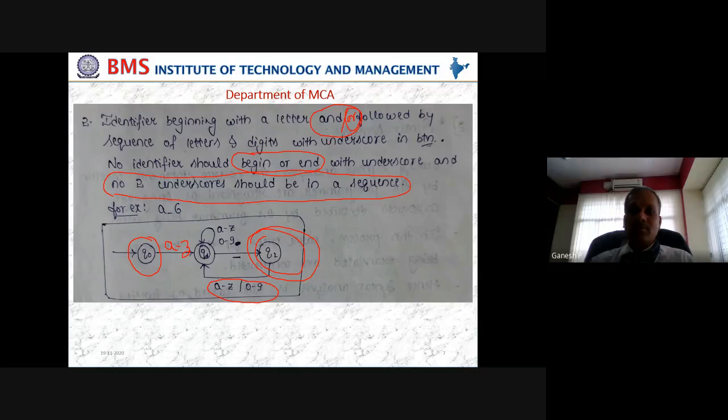So what we have to understand here is that for every small change in the rule, the diagram is going to take a different shape. So you have to think afresh from the beginning of the problem statement till you get the proper solution. And what you have to keep in mind, like an algorithm, is that this diagram should be unambiguous and should be able to process all types of inputs.